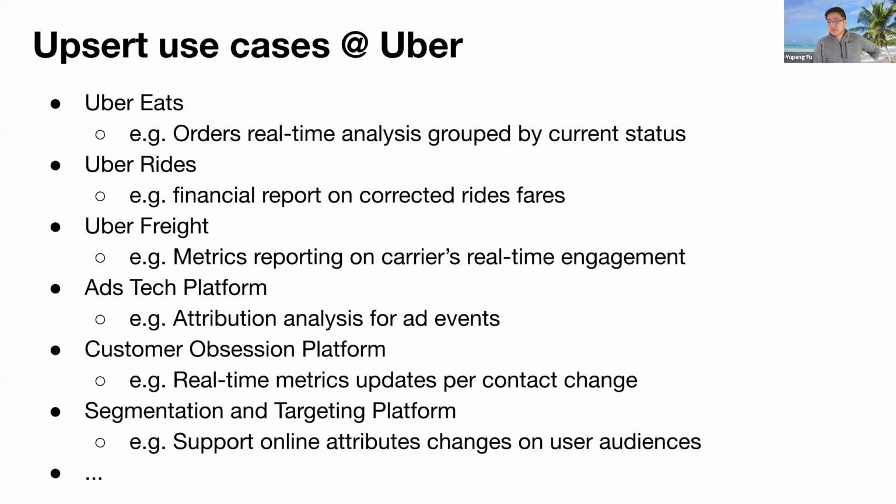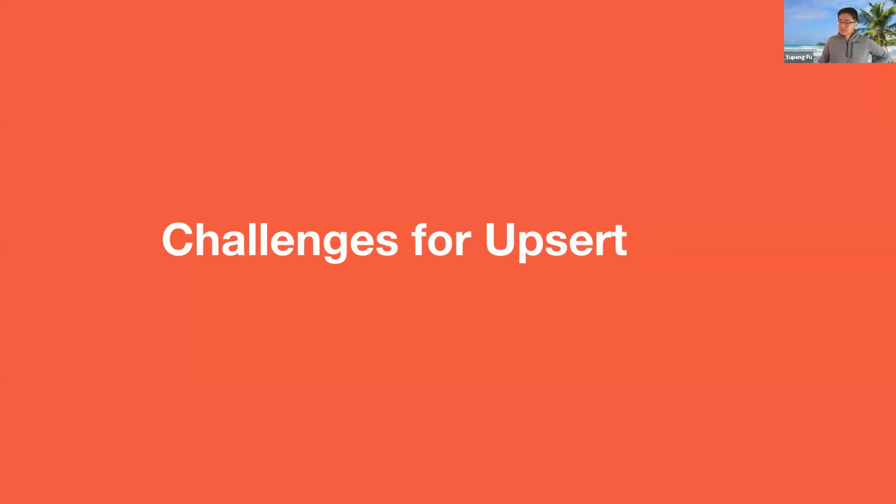There are several other Uber internal platforms that also demand this real-time change of the data. So this is a pretty fundamental feature that basically all use cases can benefit from. But Upsert is pretty challenging, and hopefully in this talk I can go over some interesting innovations that we did to make this feature successful inside Pinot.